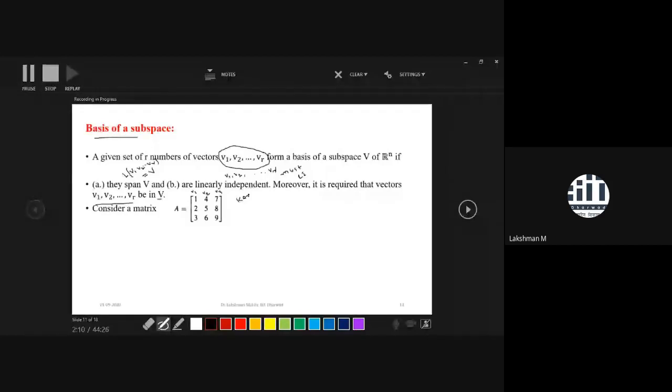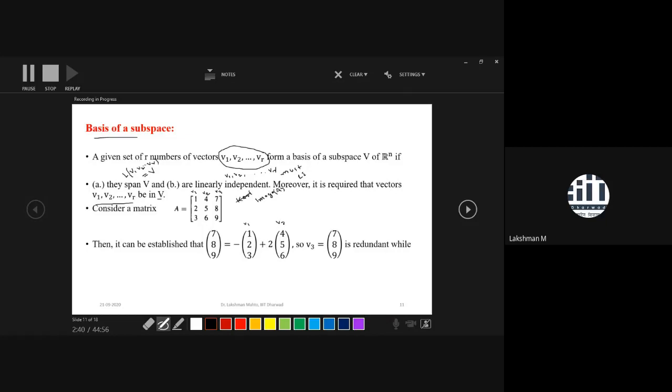So in order to find a basis of these subspaces, first we find the subspace image of A. From the previous example we have seen that V3 can be written as a linear combination of V1 and V2. So we can say that V3 is redundant while V1, V2 are linearly independent.